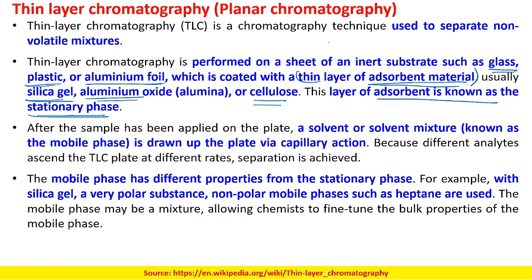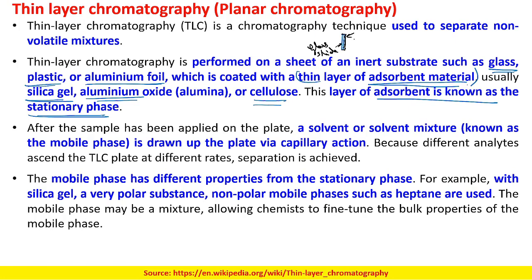Okay, so suppose you are having this plate. On this plate you have put a thin layer of the adsorbent material. Suppose this one is your glass slide. Then you have prepared a silica gel suspension, you have poured it and then you have leveled it.